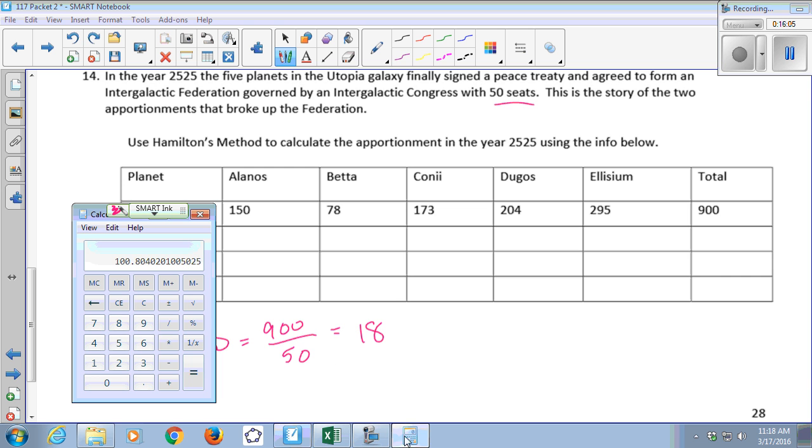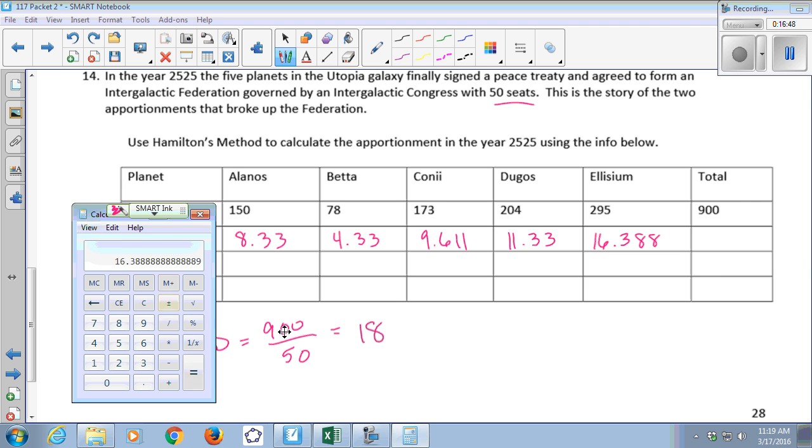Take each population and divide by the standard divisor. 150 divided by 18, 8.3 repeating, 78 divided by 18, 4.33, 173 divided by 18, 9.611, 11.33, 16.388.